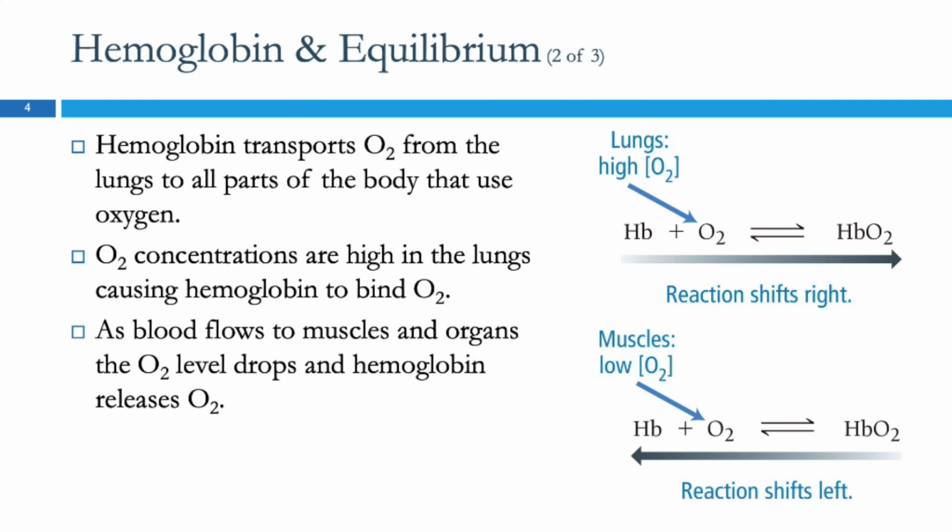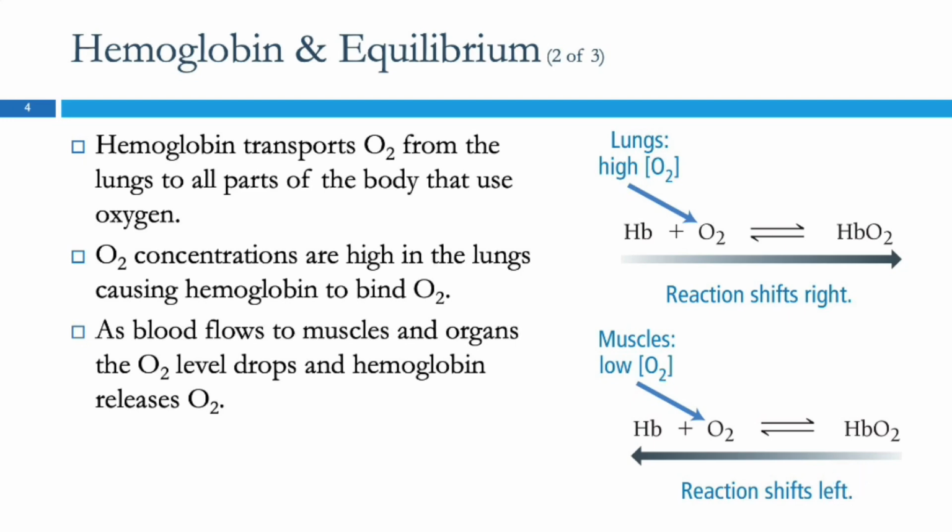As the blood goes through your muscles and organs and other tissues, the oxygen level drops because the tissues are waiting for the blood to bring them more oxygen. So if the oxygen level is lower, then the equilibrium shifts to the left, and the hemoglobin that is carrying oxygen gives it up.